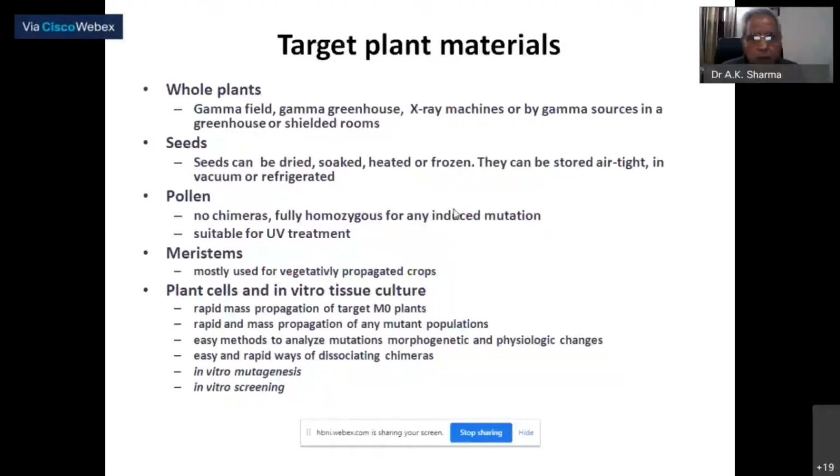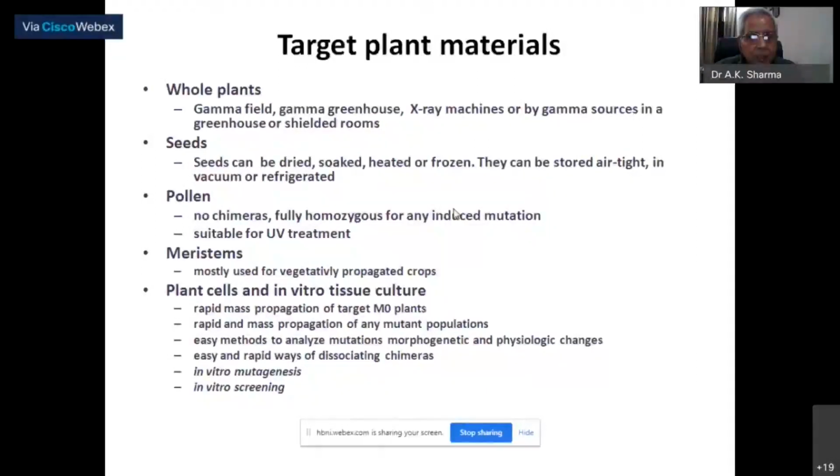And also, pollen grains are like single cells. They are amenable to even very low energy radiations like UV treatment, or even electron beams, which are low energy electron beams, can be used for looking at the effect on pollens.